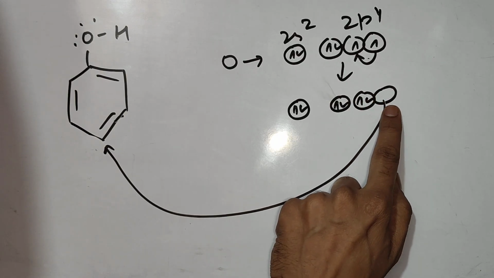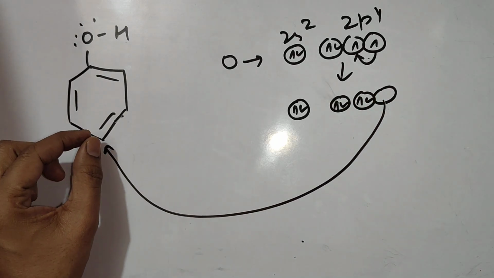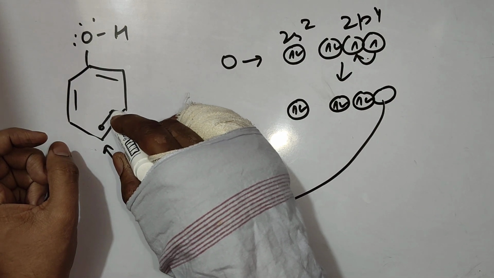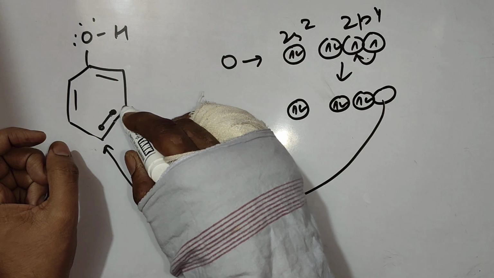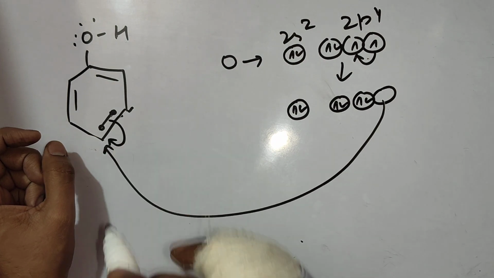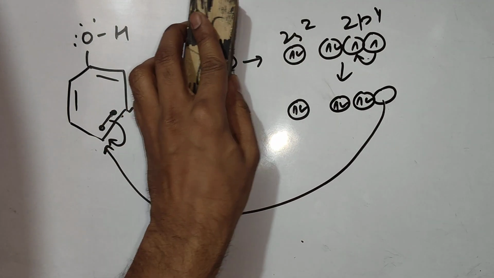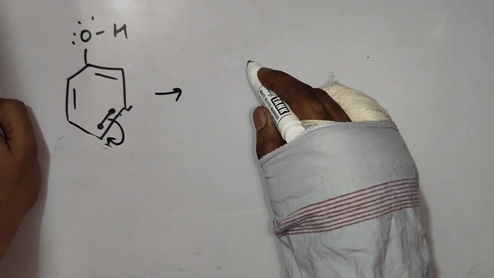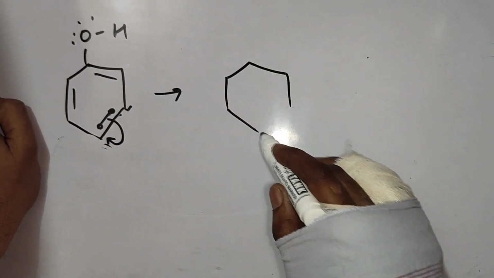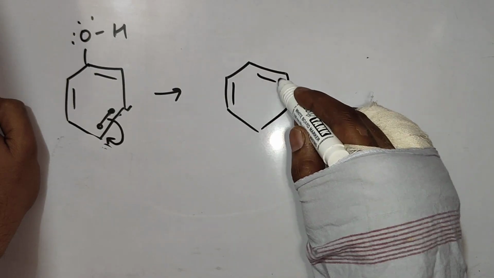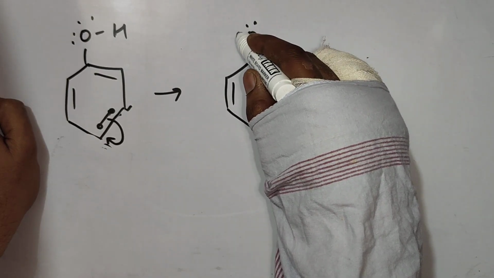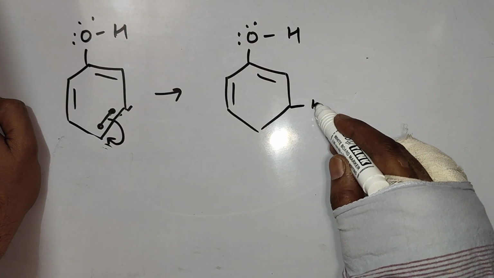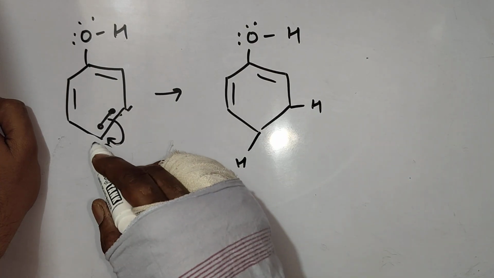And obviously, for bond formation, 2 electrons are required. Here we don't have any electrons. So who will provide them? This carbon. How? By breaking the bond from the neighbor carbon and shifting these pi electrons here. Due to which, the next condition generated will be this. H is here, H was there.